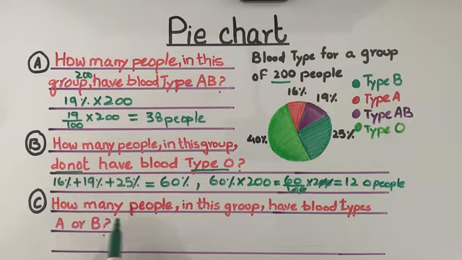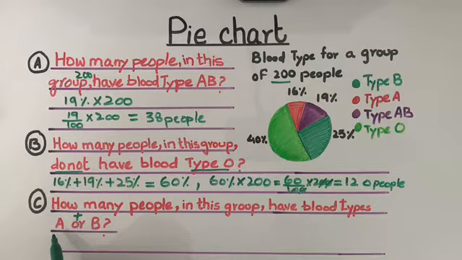Question C. How many people in this group have blood types A or B? A or B means that I'm going to add the percentages of type A blood and type B blood people.